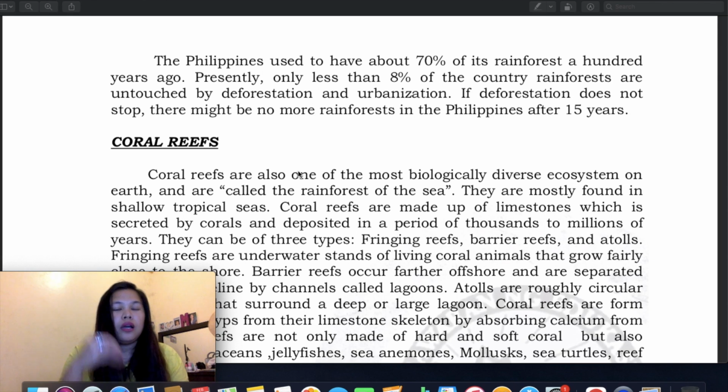Sa ngayon, presently, only less than 8% of the country rainforests are untouched by deforestation and urbanization. So, ito na yung nakakalungkot ngayon dahil ang mga rainforest natin noon ay nagiging syudad na ngayon.